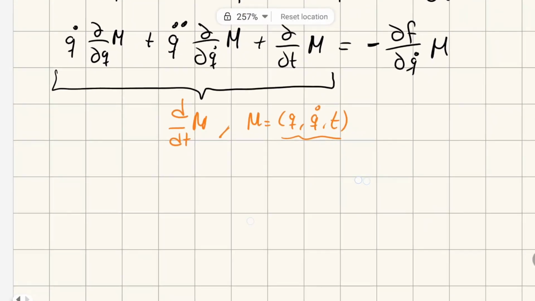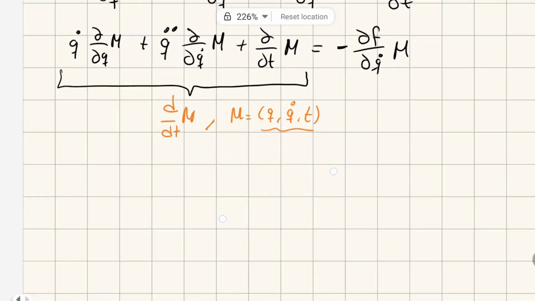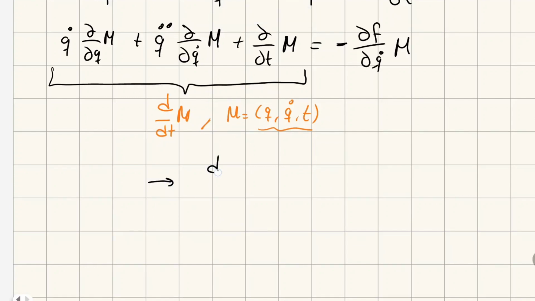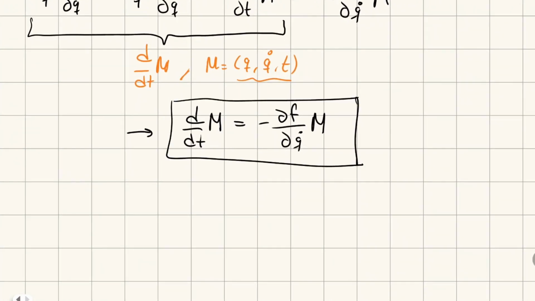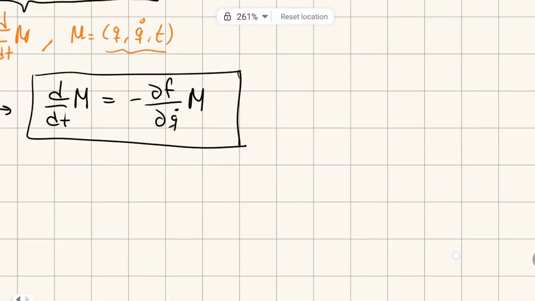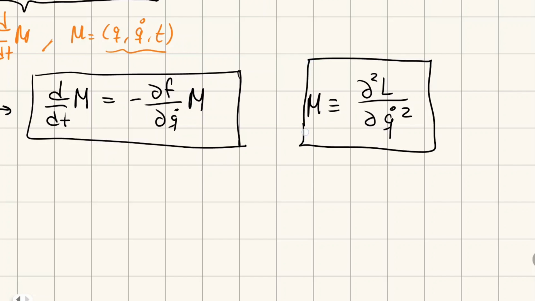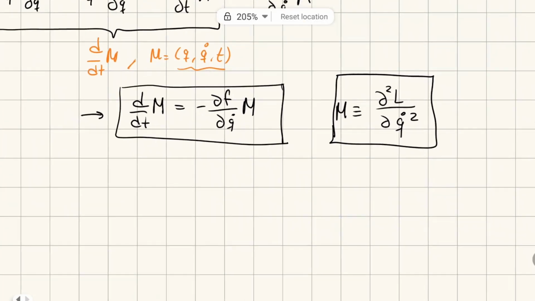Okay, so that means that we can establish that the total derivative with respect to time of m is equal to negative the partial of f with respect to q dot m. So that will be like another way to simplify the process. Remember that we defined m to be the second partial of L with respect to q dot. This will be also necessary then to be able to find the Lagrangian.